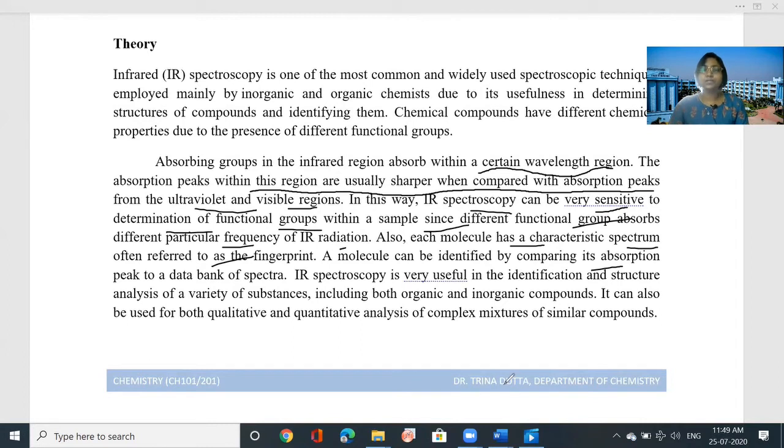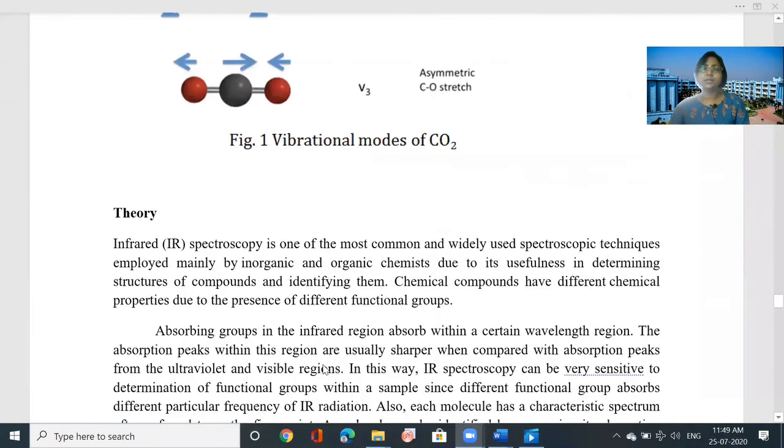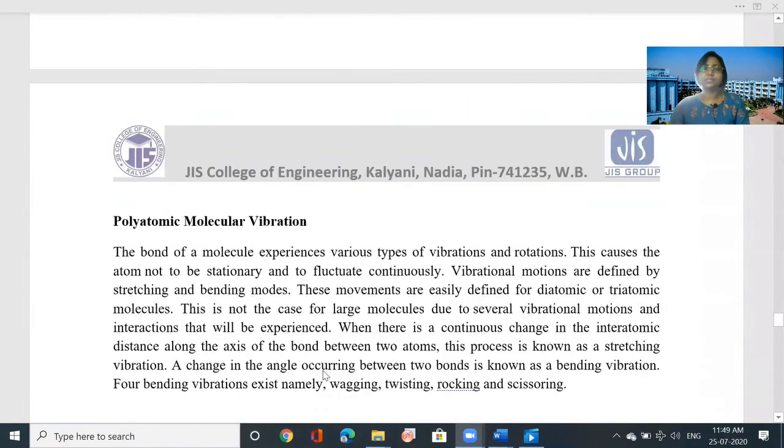So IR spectroscopy is very useful in the identification and structure analysis of a variety of substances, including both organic and inorganic compounds. It can also be used for both qualitative and quantitative analysis of complex mixtures of similar compounds. Okay, so IR spectroscopy is very much useful.